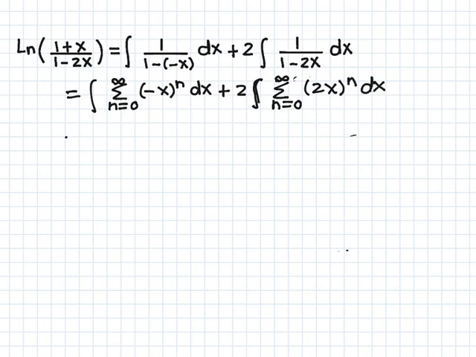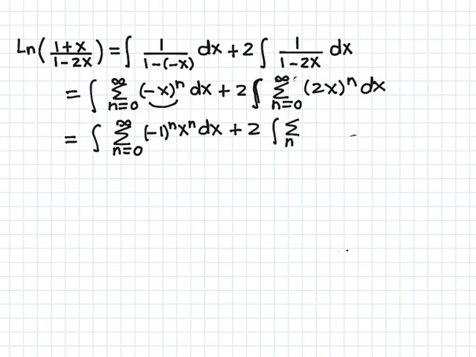Let's simplify this a little bit. We get the integral of the summation n equals 0 to infinity, and minus x to the power of n can be written as minus 1 to the power of n x to the n dx, plus 2 times the integral of the summation n equals 0 to infinity, and 2x to the power of n can be written as 2 to the power of n x to the power of n dx.